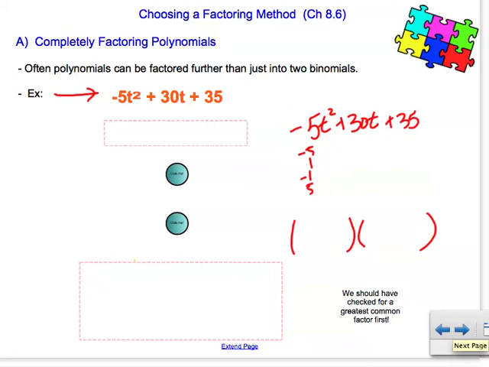This could be a whole slew of different things. Maybe 1 and negative 1. 5 and negative 5, 7 and negative 7, and then 35 and negative 35. Well, I don't think we'll need those. We'll see. And we're trying to get positive 30.